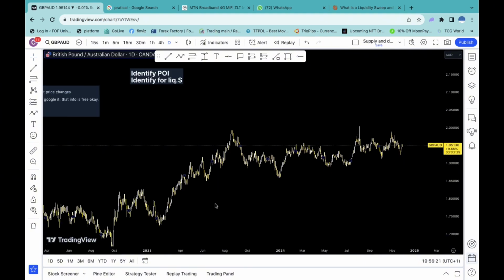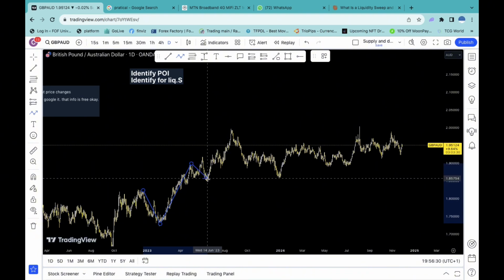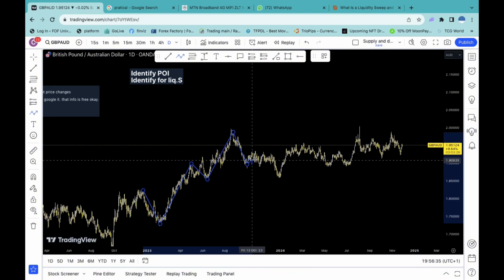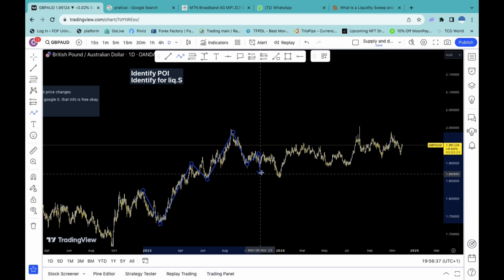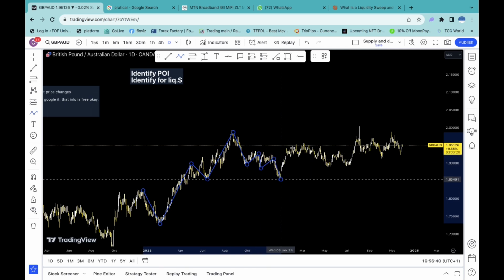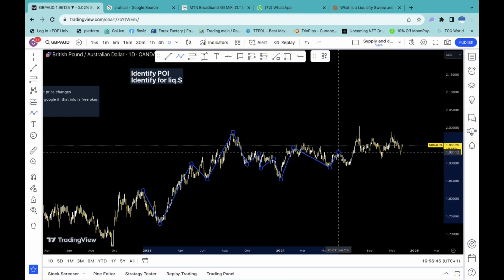Now, what are POIs? POIs are what you call market structure. You see how the wave of the market is behaving, then you identify them and position yourself properly to take advantage of the opportunity. You see what I'm drawing on the screen. The market is going up and down.